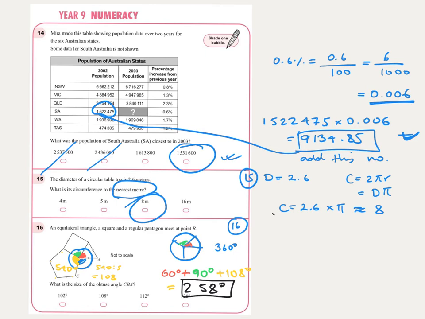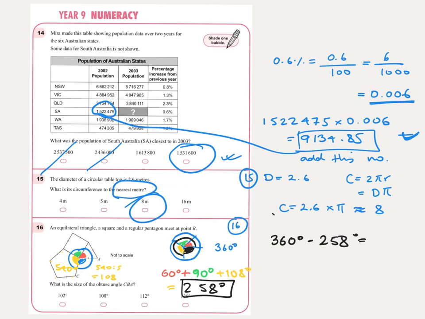So now we have done this one here, and this one here. Now we have the sum of all of them, and we still need the last one here. Because we know the sum of all angles is 360, we say 360 take away 258, which is green, red, and yellow all together.